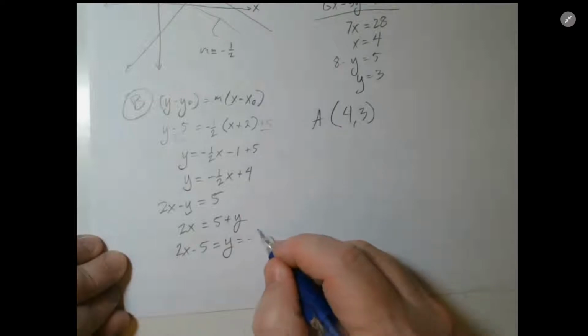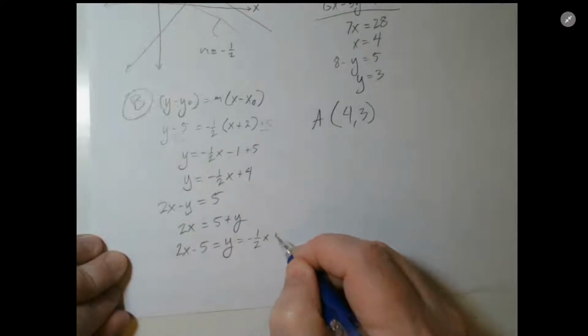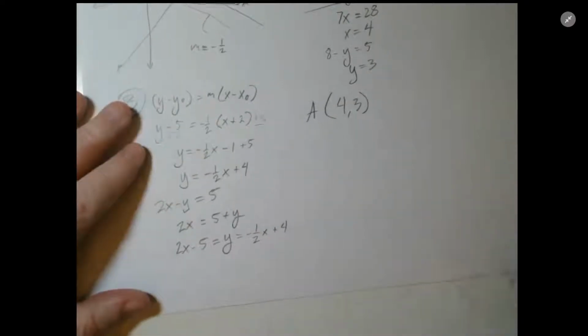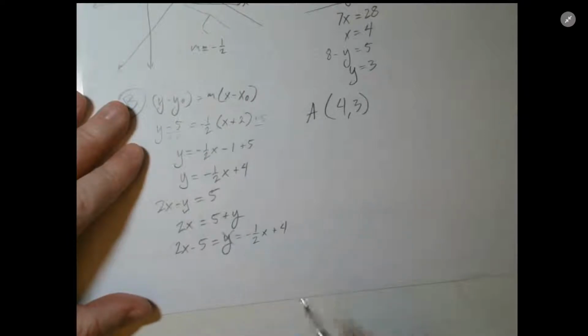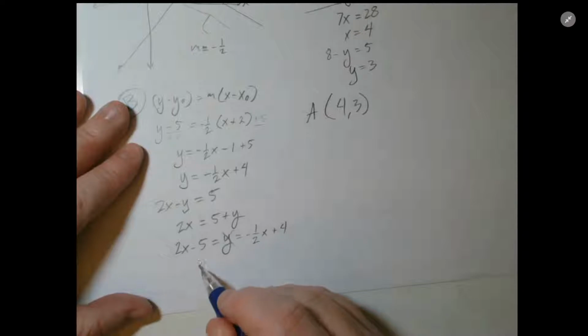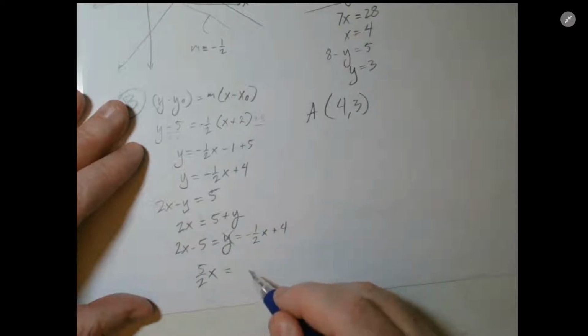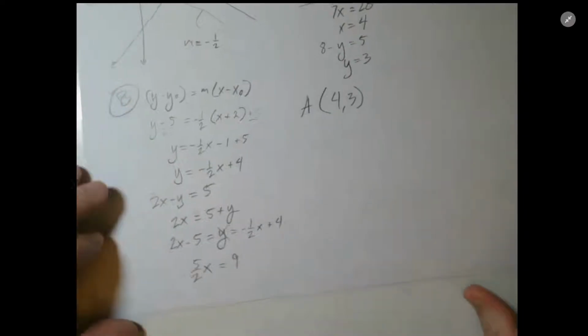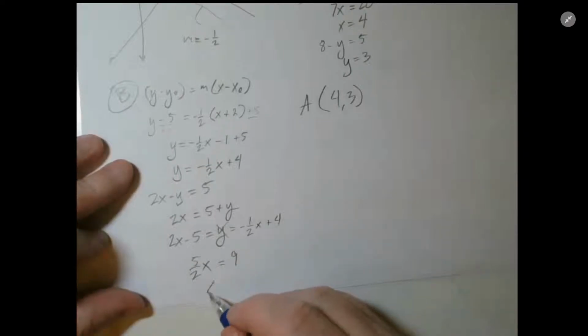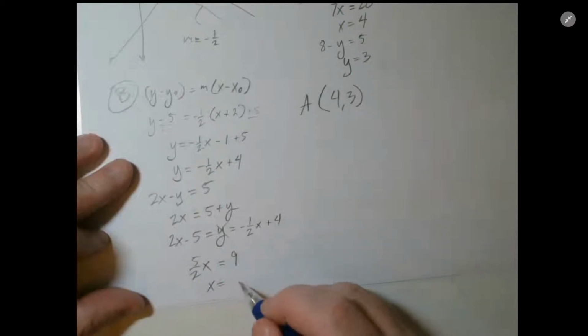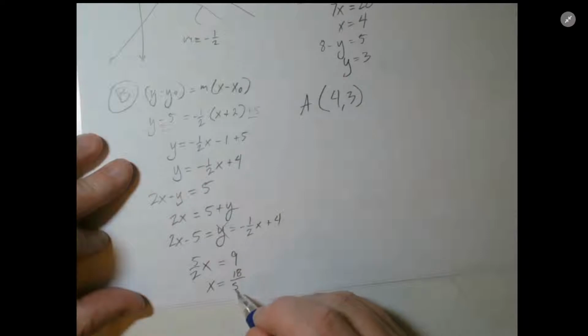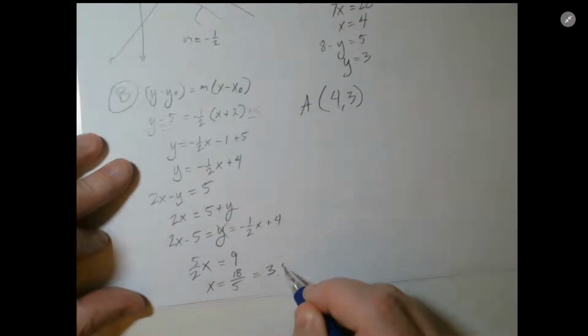So this equals negative 1/2 x plus 4. I'm going to cut out the middleman, add 1/2 x to each side. This gives me 5/2 x on this side. Add 5 to both sides, equals 4 plus 5 is 9. So x equals 9 times 2, which is 18, over 5, which is 3.6.